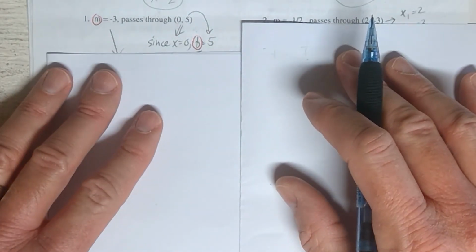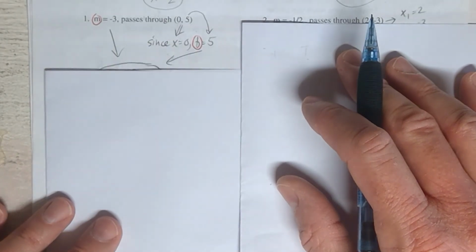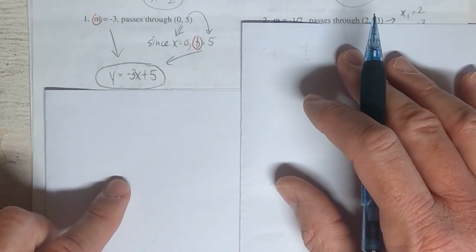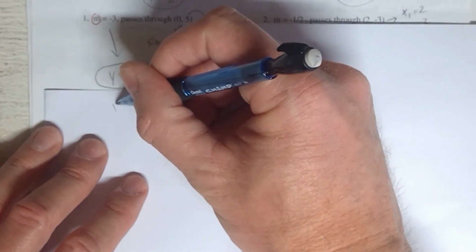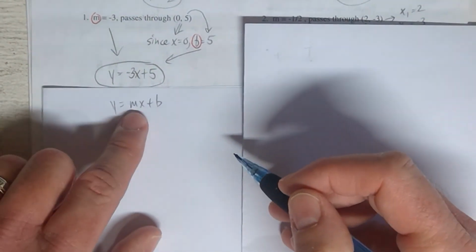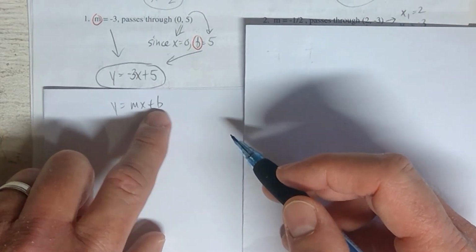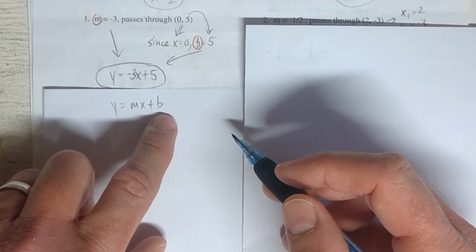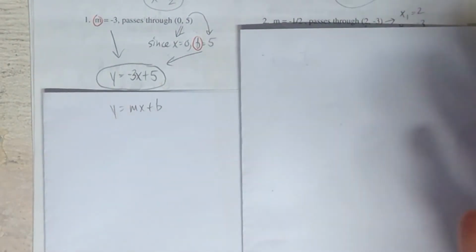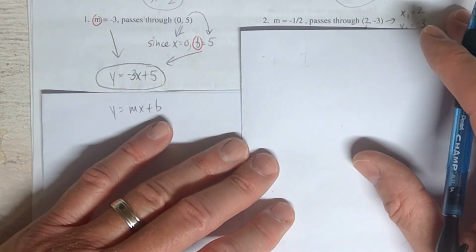Just like we saw in the very first problem on the first page, problem A. And so that means that I can plug in the -3 into the mx plus b formula. Plug the -3 into there. Plug the 5 into the b part. Since it's not negative, the plus stays the same. It's just plus 5. And there's your final answer right there. It's supposed to be in slope-intercept form. It already is, so you don't need to do any additional steps.